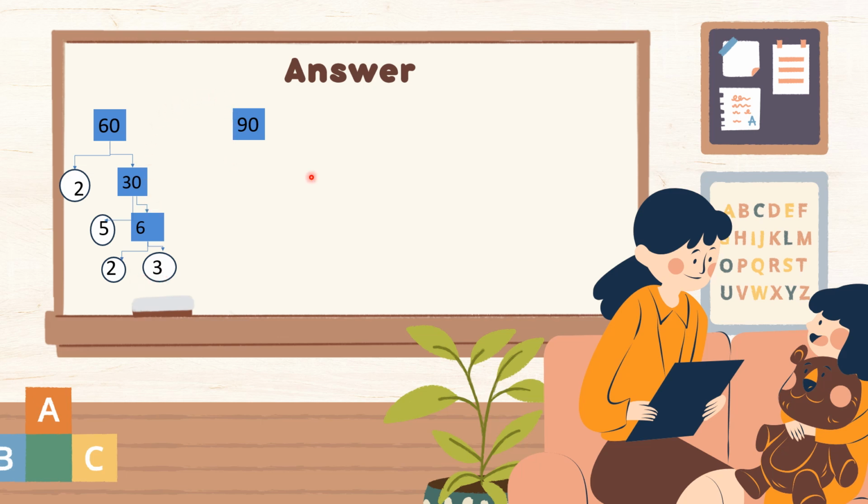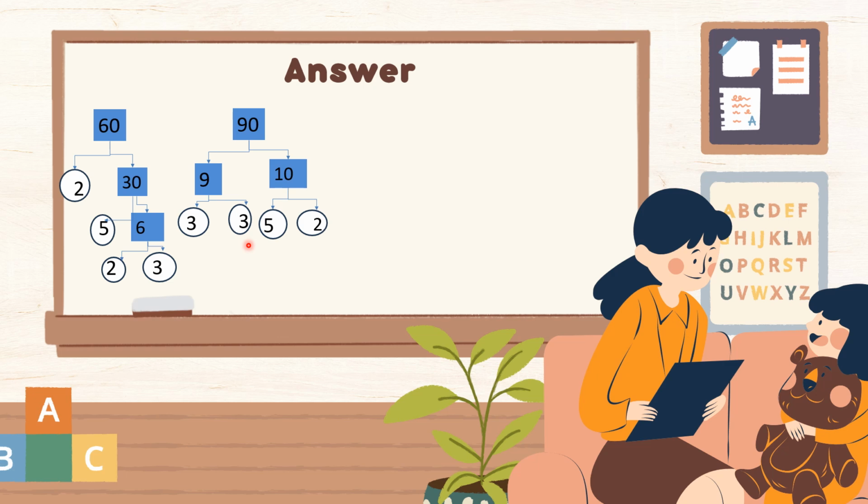Now we move to 90. 90 equals 9 multiplied by 10. Both of them are not prime factors, so we will keep decomposing. 9 is decomposed into 3 and 3. 10 is decomposed into 5 and 2.